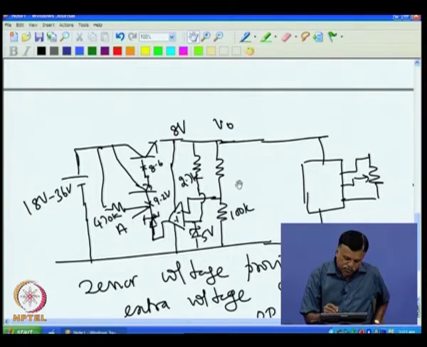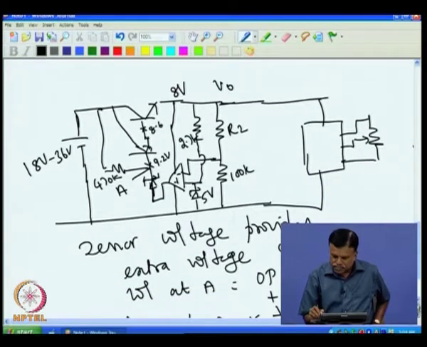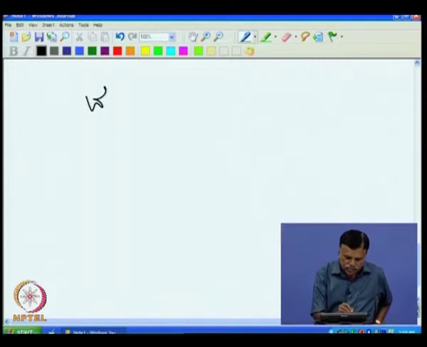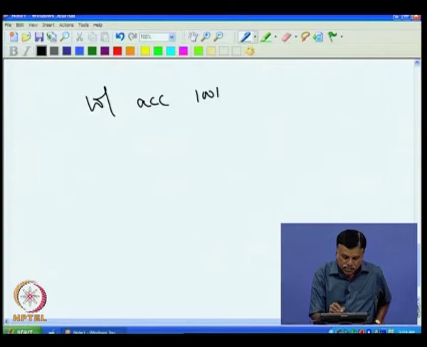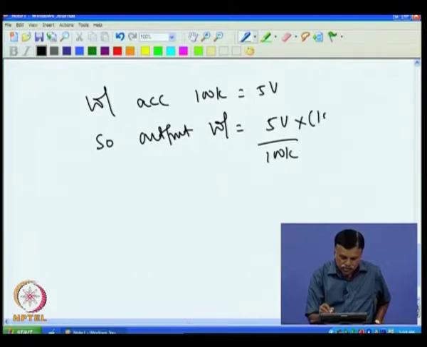Then if I want 8 volt, I can select R2 such that you get 8 volt. That formula is very simple, because the voltage across 100K is 5 volt. So, the output voltage is 5 volt multiplied by (100K plus X) divided by 100K. That is supposed to be equal to 8 volt.